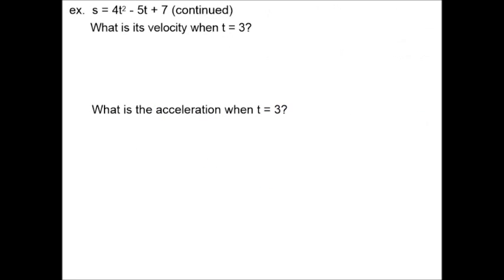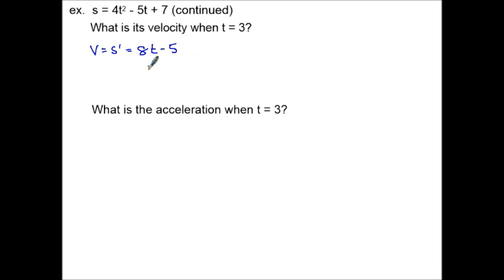Alright, continuing on with this basic problem, which is actually a series of problems. I want to know now its velocity when t equals 3. Well, I know its average velocity was 11 from the previous problem, but that's just an average, so maybe at 3 seconds I might have been going a little faster or a little slower, so let's figure that out. Again, this is a position function, and my velocity is going to be the derivative of the position function, so in this case, it's going to be 8t minus 5.